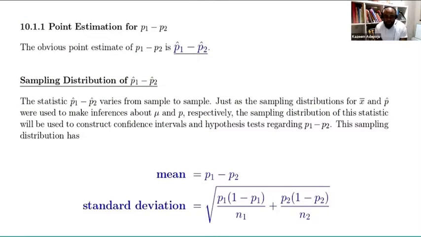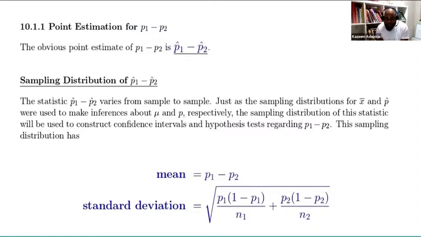Now, I need you to take a look at what I'm going to show right now. The point estimate of P1 minus P2 is P cap 1 minus P cap 2. I'm going to say that again: what we're looking for is P1 minus P2, and P cap 1 minus P cap 2 is the point estimate of that.